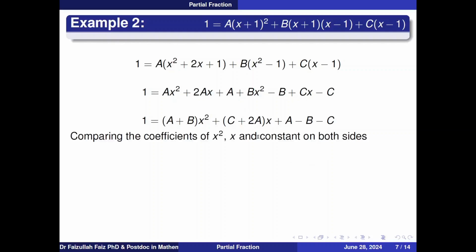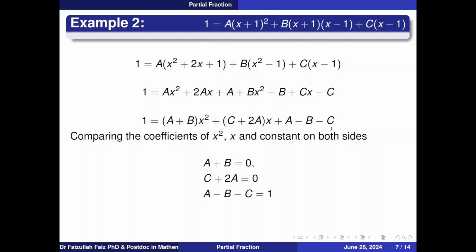Comparing the coefficients of x square on both sides, we can see the coefficient of x square on the right hand side is a plus b, and on the left hand side it is 0. The coefficient of x on the right hand side is c plus 2a. On the left hand side it is 0.